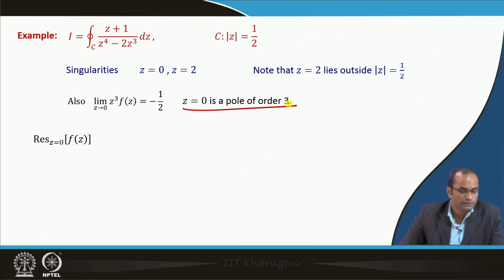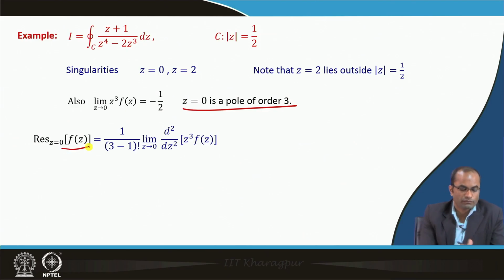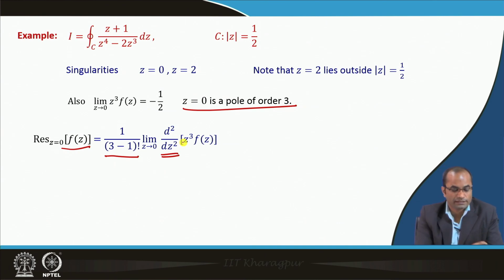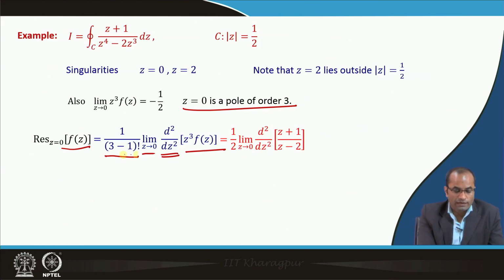Then we have to compute the residue for this pole of order 3. The residue of f(z) at z equal to 0 will be given by the formula we have just derived: 1 over m minus 1 factorial, so here 3 minus 1, and then the m minus 1 derivative, that is the second derivative, and then the limit as z approaches 0 of z cubed times f(z). So, here we have 1 by 2 and then this limit.